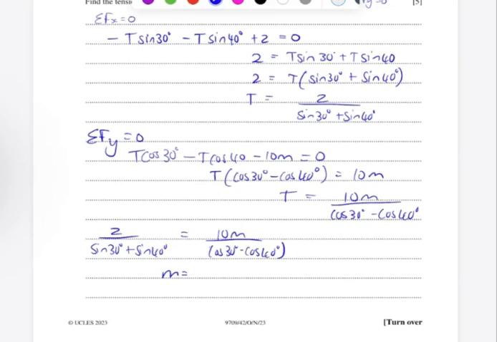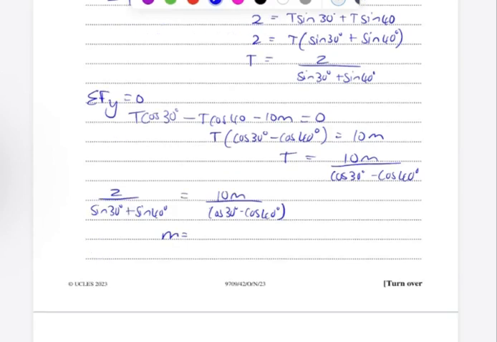And in this case, my m is 0.0175 kgs. And then if I look at my t value, I'm going to say 10 times my answer divided by cos 30 minus cos 40. And that gives me an answer of 1.75 Newton.